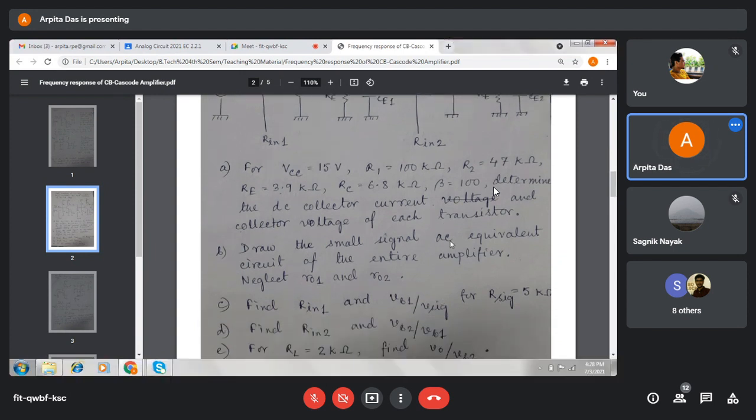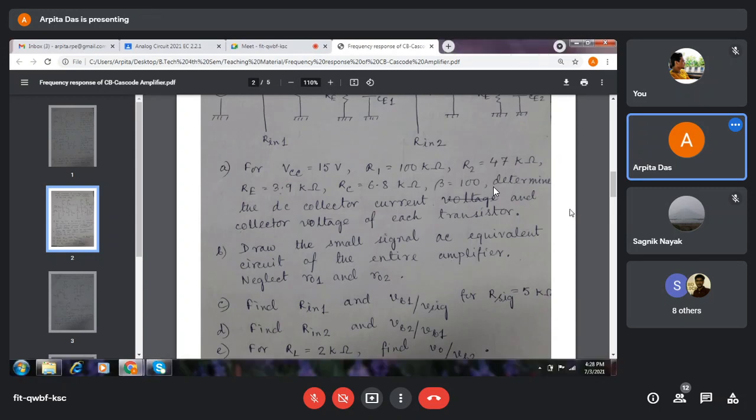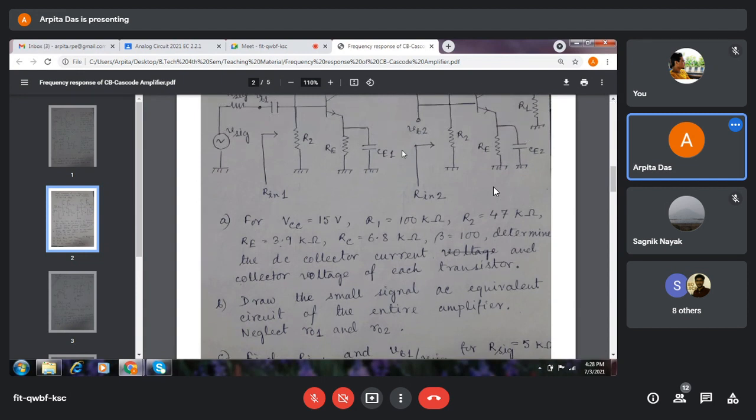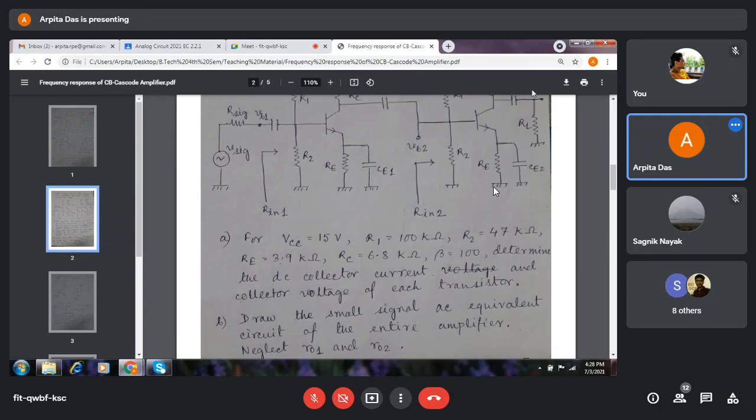Now you have to calculate the AC equivalent circuit. Rather, you have to draw the AC equivalent circuit of the entire amplifier. So first you try to draw the AC equivalent circuit of the first stage amplifier, which is very simple, and then you just connect the same type of AC equivalent circuit of the second stage amplifier. Now let us see.